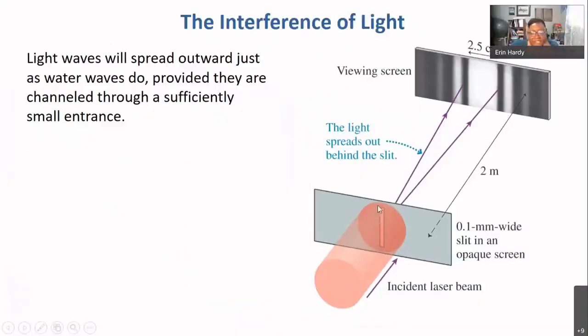We have just a single opening in this slit, which can be a metal or paper or cardboard card whose job is really just to take a diffuse light source and turn it into a narrower slit, or a narrower rectangle of light.